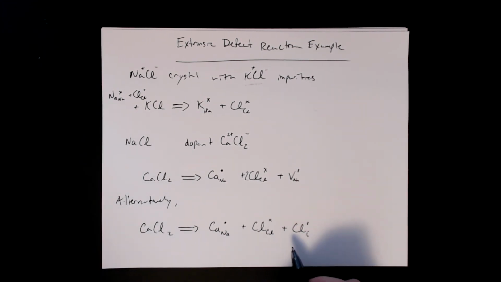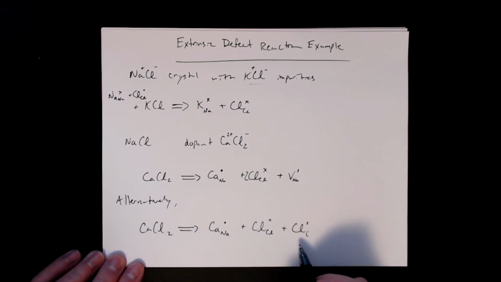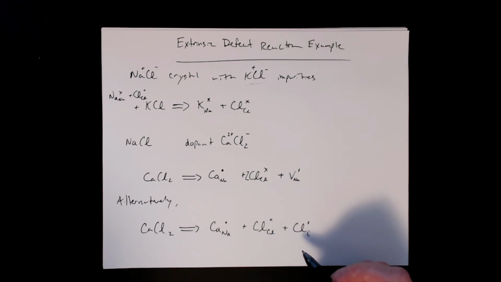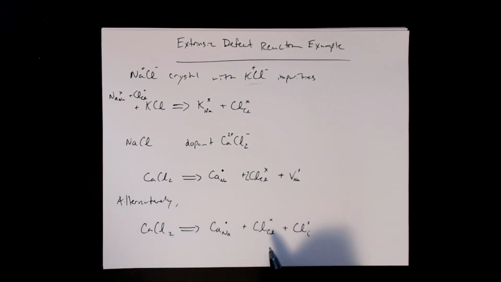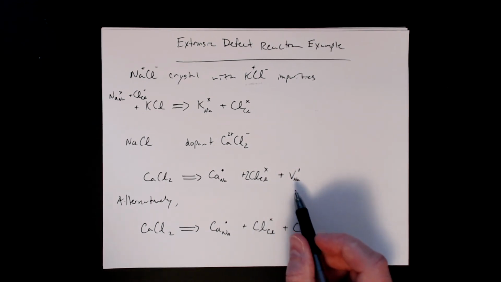And so this would have to be weighed for this particular crystal with the relative size of the chlorine anion. So that's the reason why this may not work. It's just another way we could write it, but it really depends on the relative size of our ions. And this would give us no vacancy like we had up here.